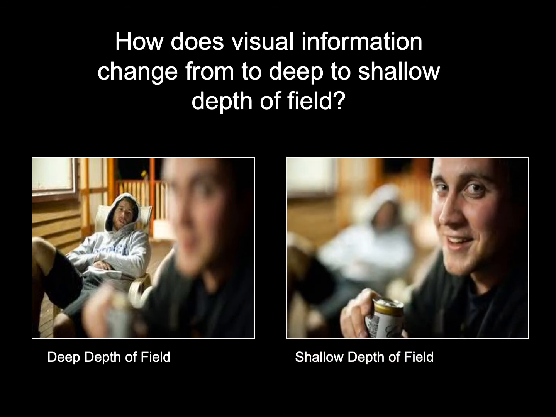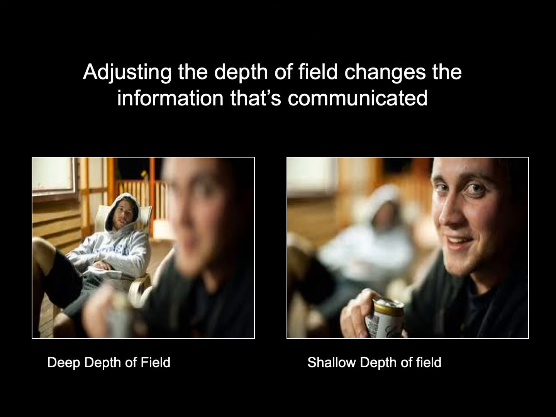How does the visual information change from the deep to shallow depth of field? Adjusting the depth of field changes the information that's communicated. Think about where your eye is resting and think about what's clear, sharp, and in focus from the deep depth of field to the shallow depth of field.